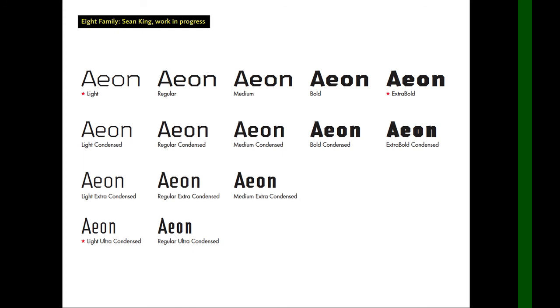So I told the computer I want 5 steps of weight between here and here. Each step should be X percent, and it figures it all out. Same thing with width. I want 2 additional steps between my regular width and my very, very narrow width, and it interpolated the condensed and the extra condensed for me.